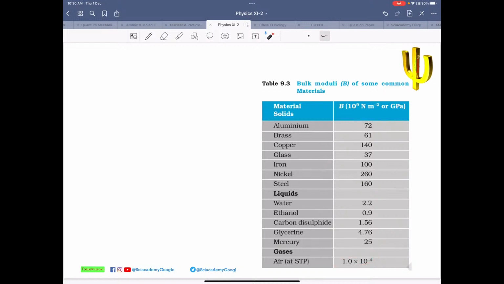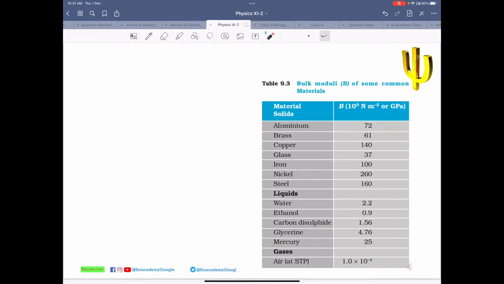That means it requires much pressure for changing the volume of these solid materials, and it takes less pressure for changing the volume of the liquids and gases accordingly. Thus, solids are the least compressible, whereas gases are the most compressible.